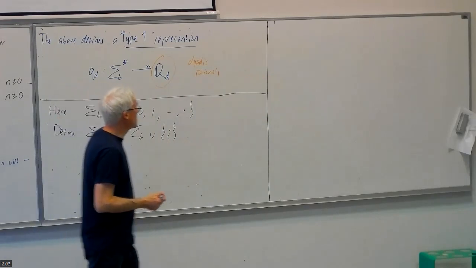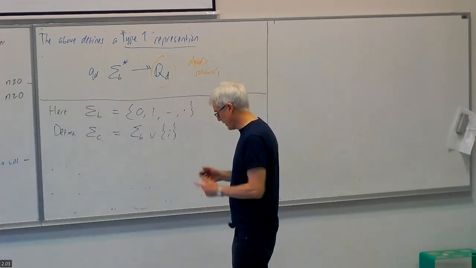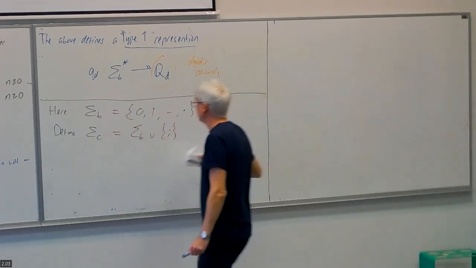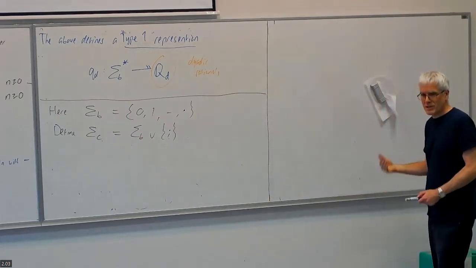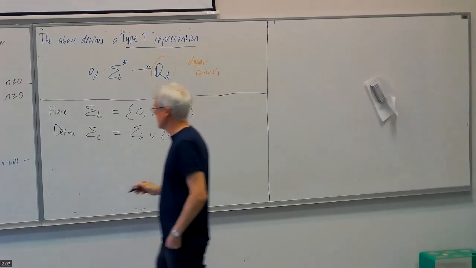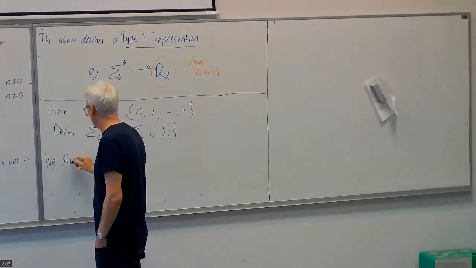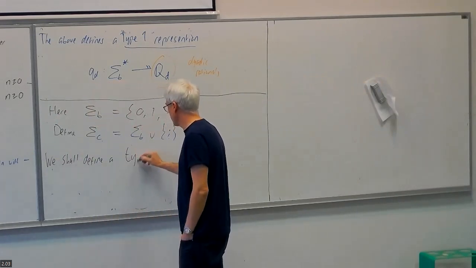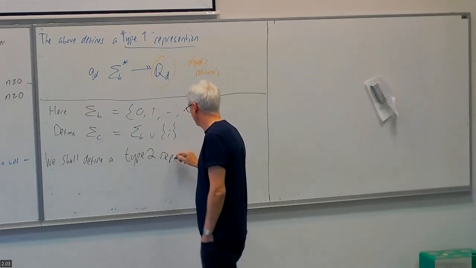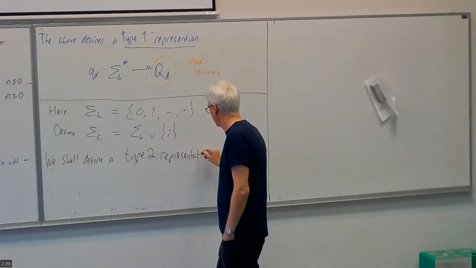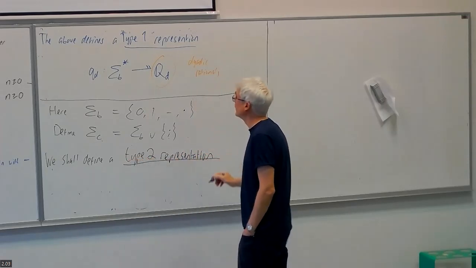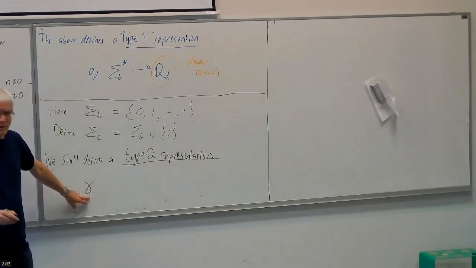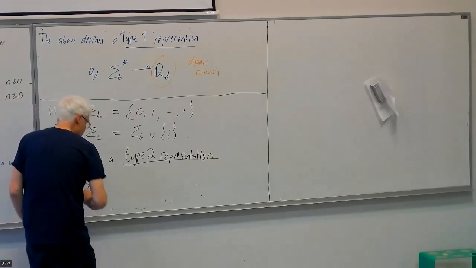And what we're going to do is define a type 2 representation, a new type of representation representing real numbers as infinite words. We shall define a type 2 representation of real numbers, which I'm going to call gamma, a generic symbol for representations, sub C for Cauchy.